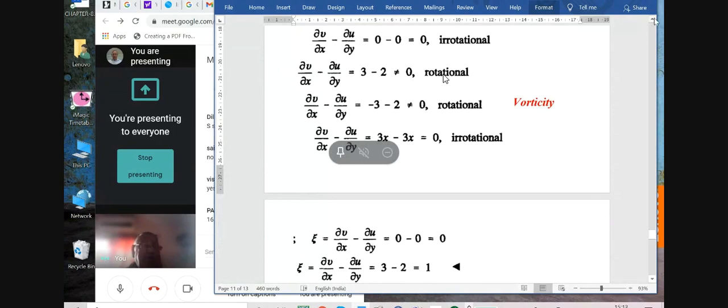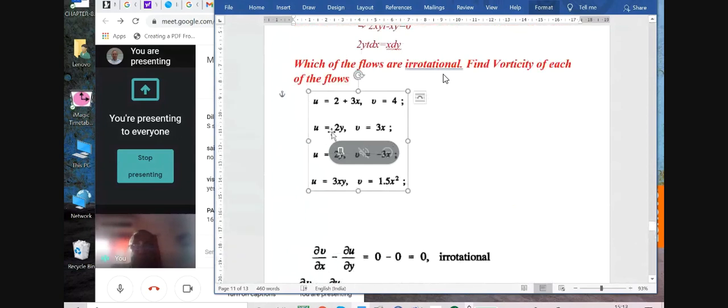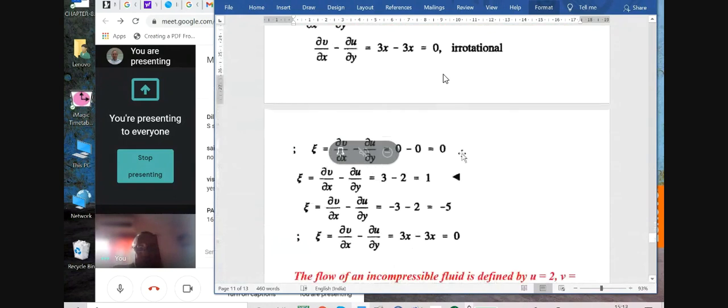So what is that value? Dou v by dou x minus dou u by dou y is 0. So the vorticity is 0. So like that, you find out for the remaining things.